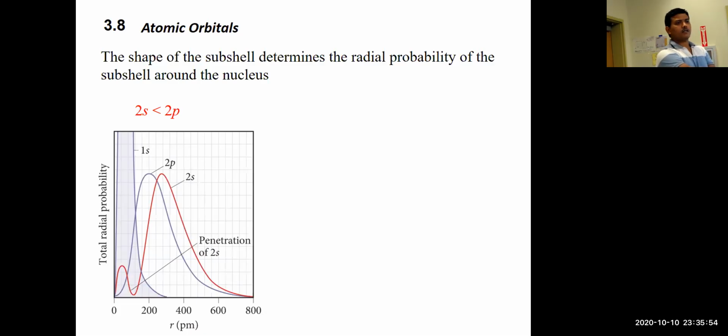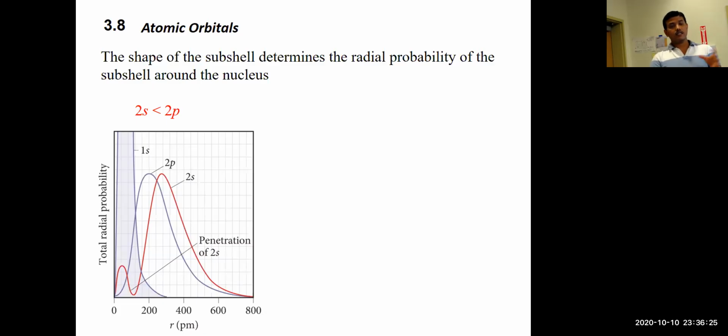Excuse me, let me just repeat what I said. The different subshells of S, P, D, F have a different attraction towards the nucleus. The shape of the s orbitals allows them to experience the maximum possible electrostatic interactions between the nucleus and the outside electrons.